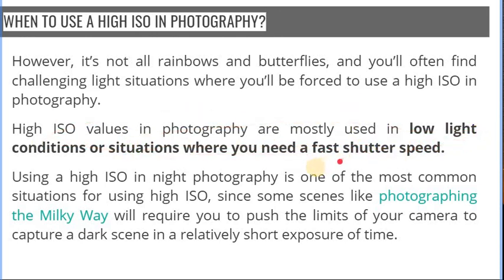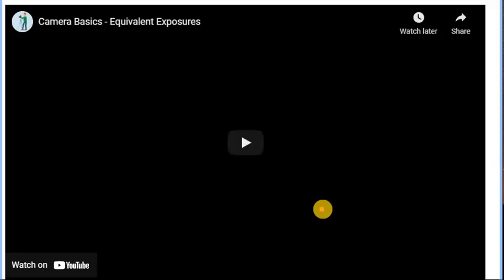Using high ISO in night photography is one of the most common situations for using high ISO. Since some scenes like photographing the Milky Way will require you to push the limits of your camera to capture a dark scene in a relatively short exposure time.